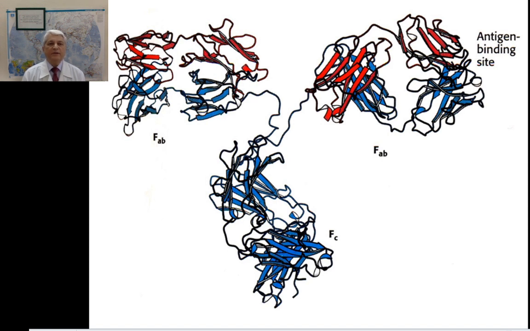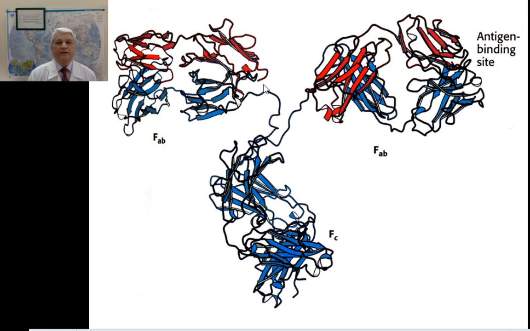The main type is beta structure. And parts of segments of beta structure, beta sheets, you can see by these red arrows and blue arrows. As you remember, blue color shows heavy chains and red color shows light chains.